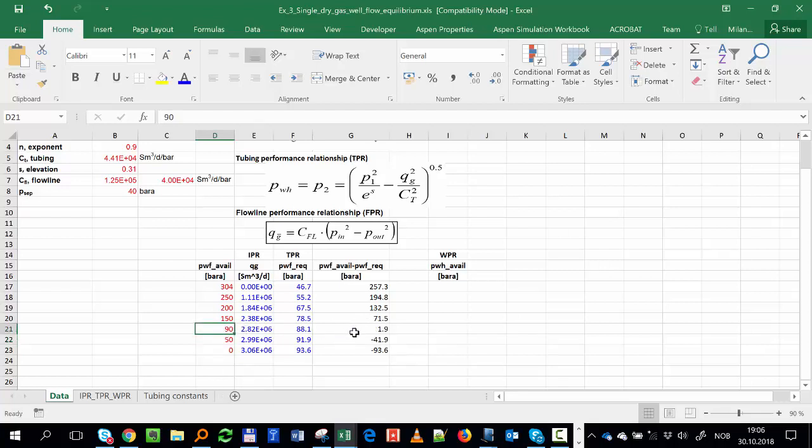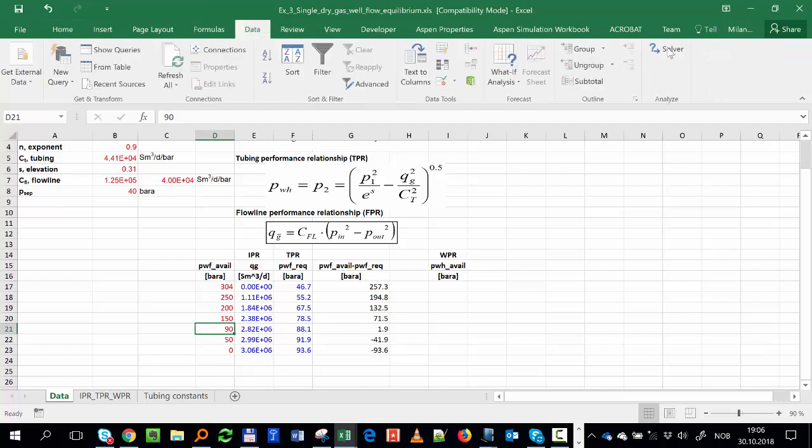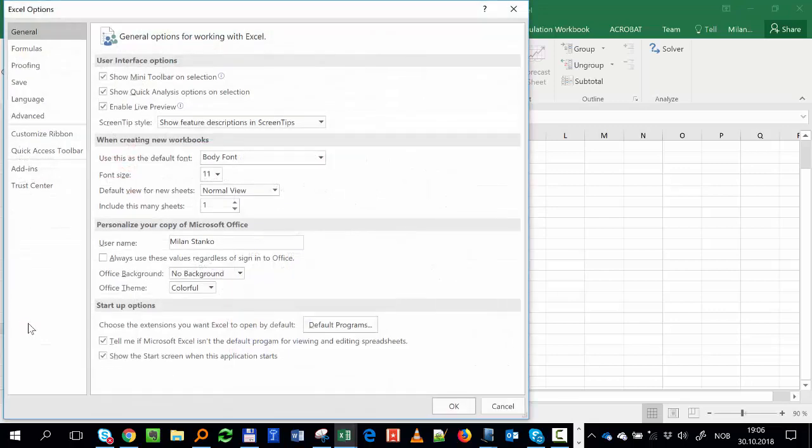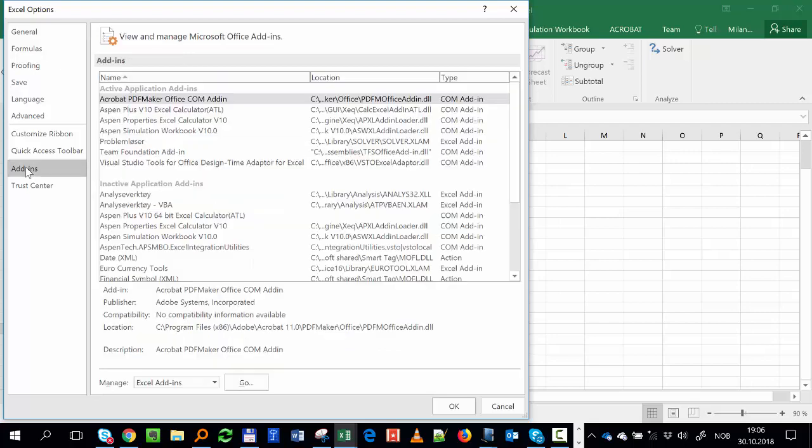To find exactly the solution, I use something called Solver. It should be here on Data, Solver, to the right. If you don't have it, you have to go to File, Options. You have to go to Add-ins. Then you have to click Go at the bottom.